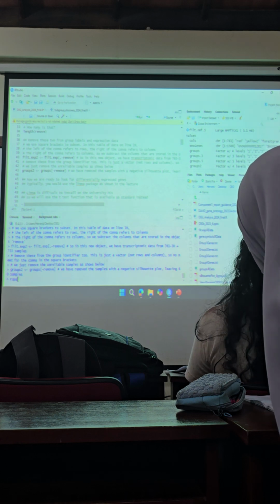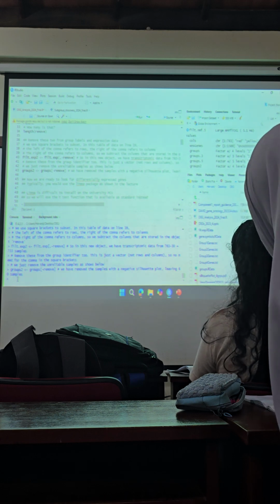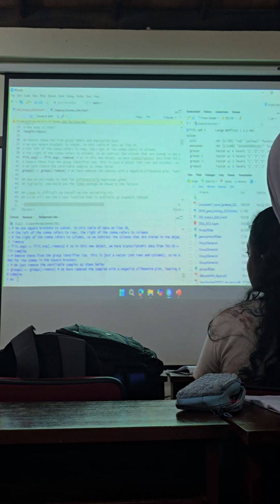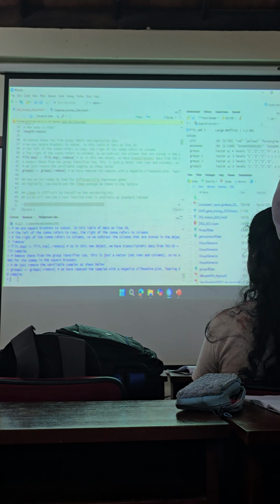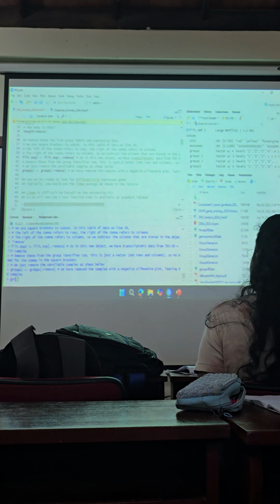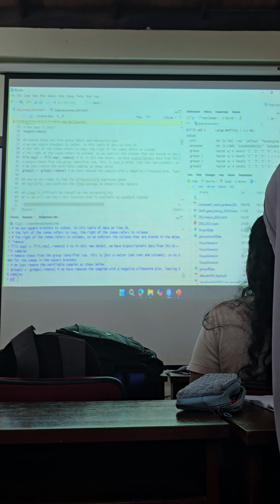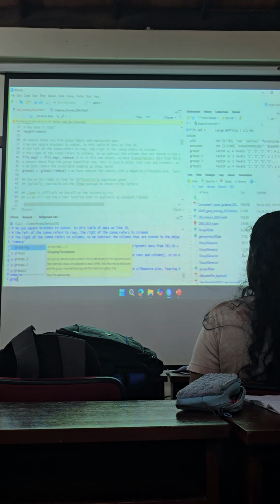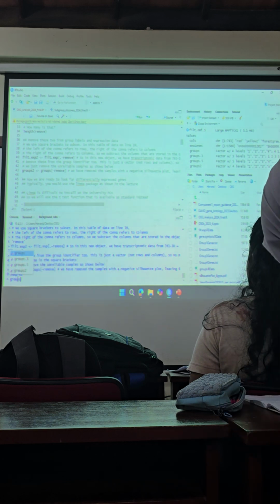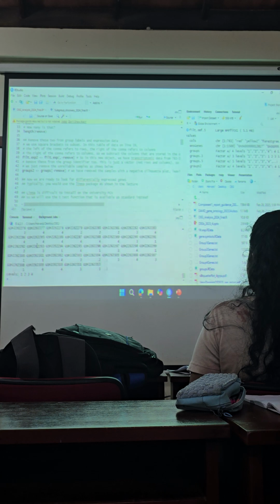The groups object is where you store the results of the NMF grouping. So where did you get that?